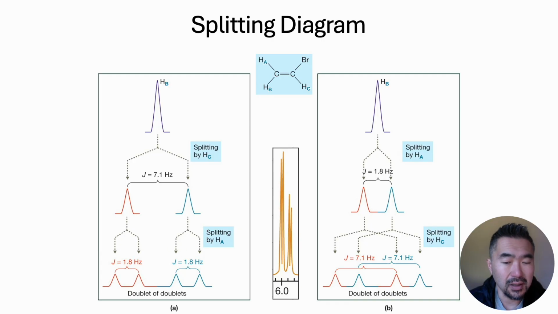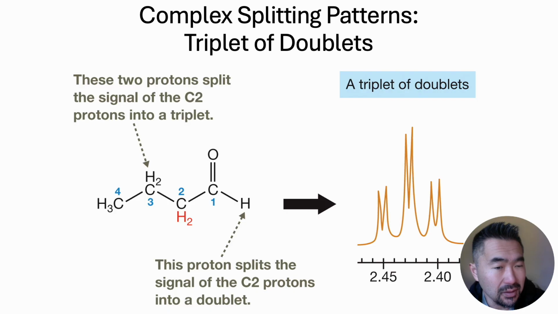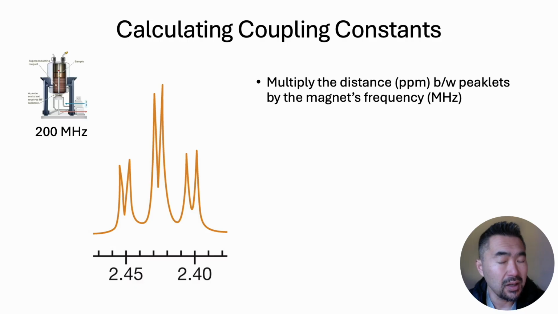The tiny split. It's a doublet of doublets. You might see something like that with CH2, multiple splitting patterns. It's a triplet of doublets. Why? Because it's got 2 neighbors, vicinal coupling, that splits this into a triplet. Each of those triplet peaklets is split again by the aldehyde neighboring protons, which has a tinier coupling constant.